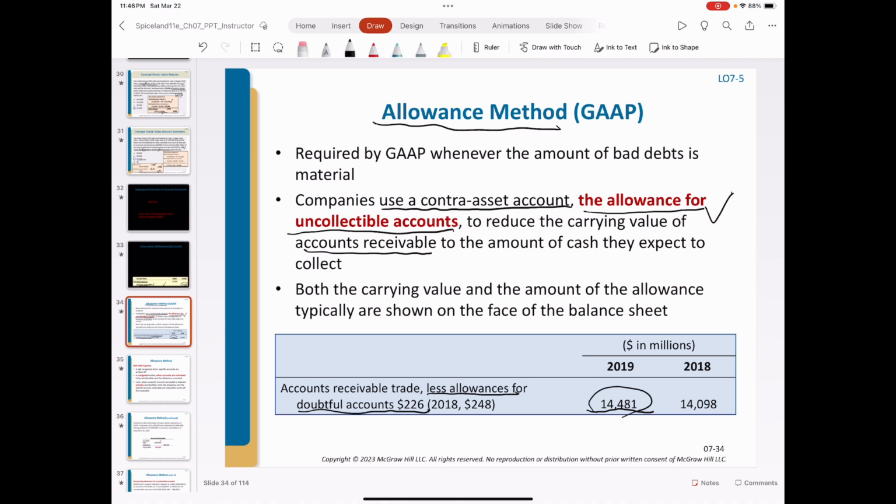So this amount is the difference between the gross amount of accounts receivable less 226. The net realizable value of accounts receivable was 14,481, so the accounts receivable was 14,707.